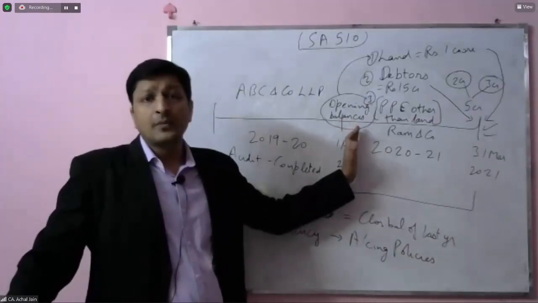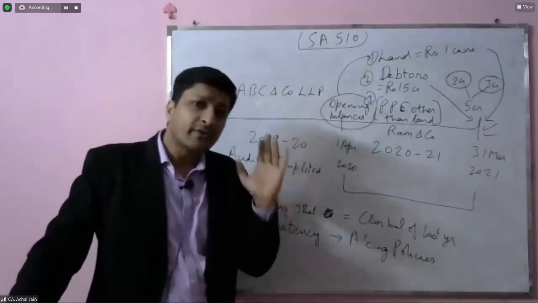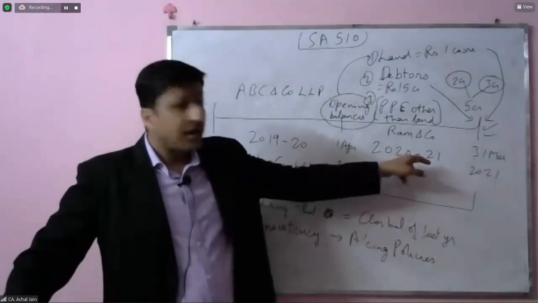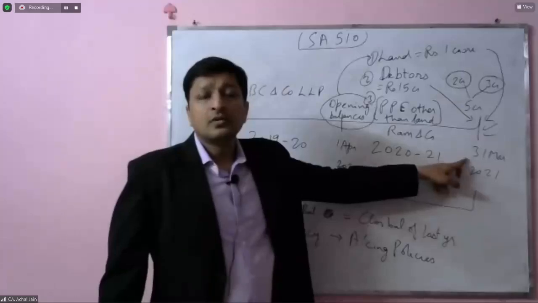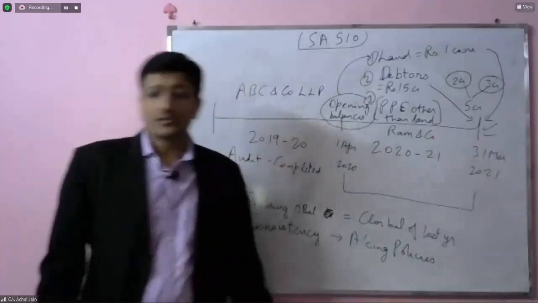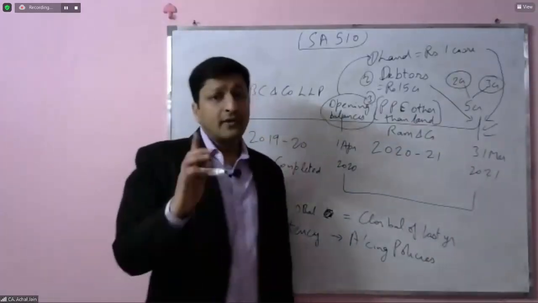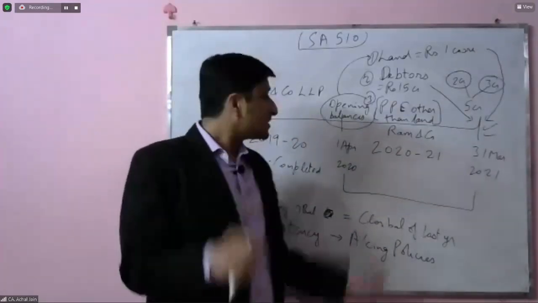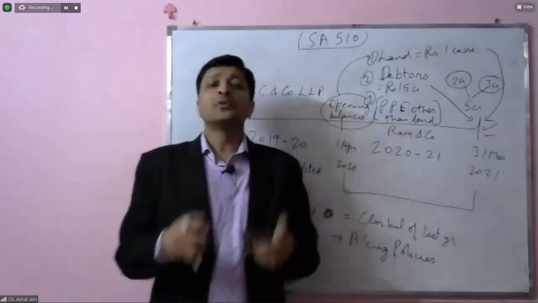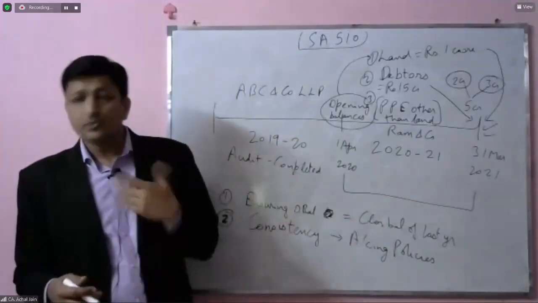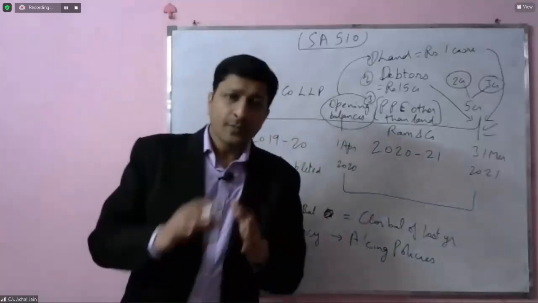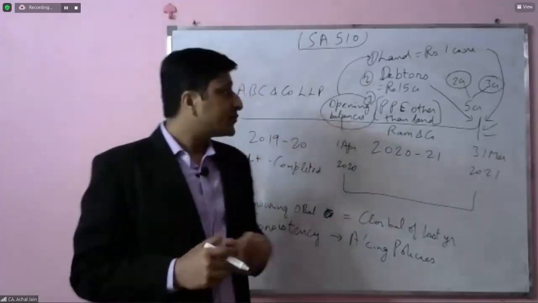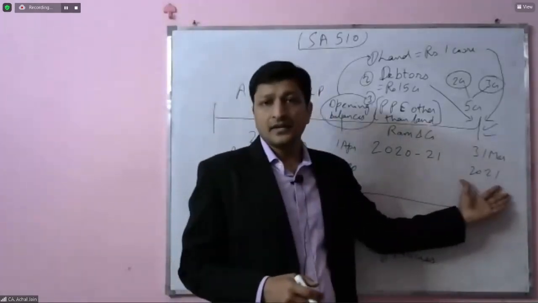Now, in respect of opening balances, no procedure was performed by the auditor on that plant and machinery. But because that plant and machinery would continue to appear as at 31st March 2021, so one procedure which the new auditor would perform on this plant and machinery would be to compute depreciation or to recompute depreciation, to check depreciation.